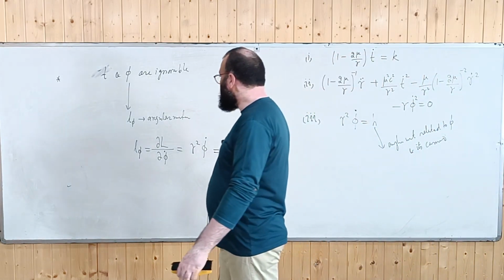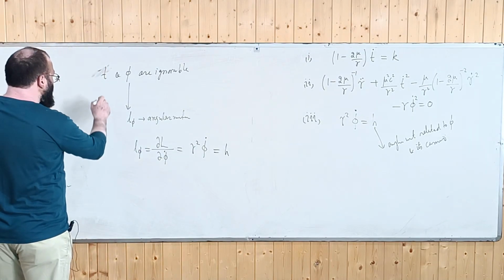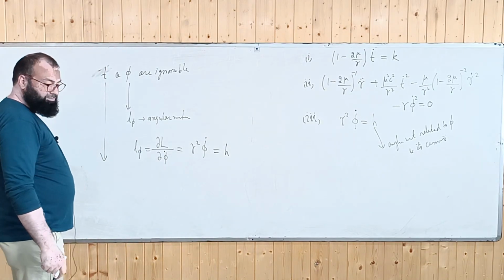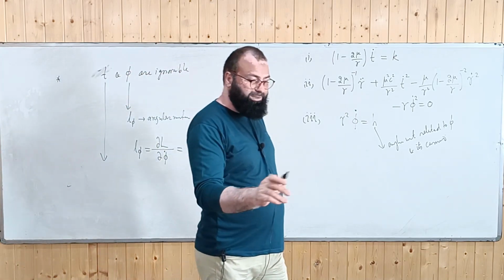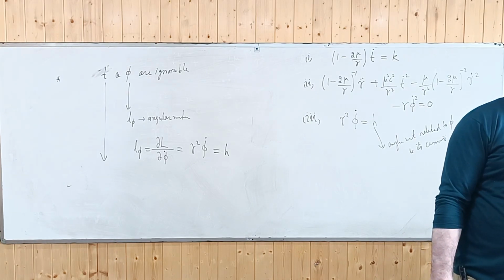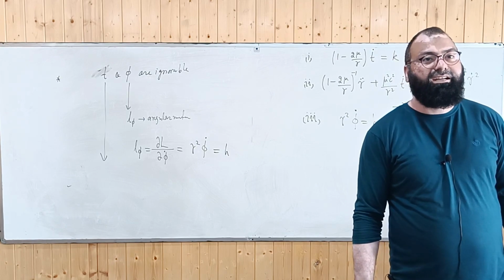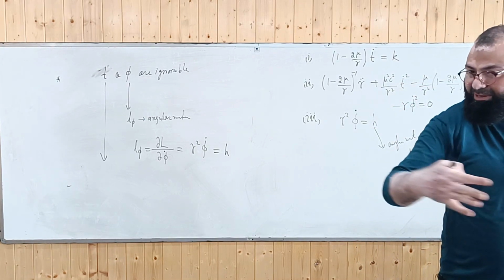Now let's look at another case, this t. Think of Newtonian mechanics. When time is homogeneous, that means there is time translation invariance of the Lagrangian. What is the quantity that is conserved? Energy.